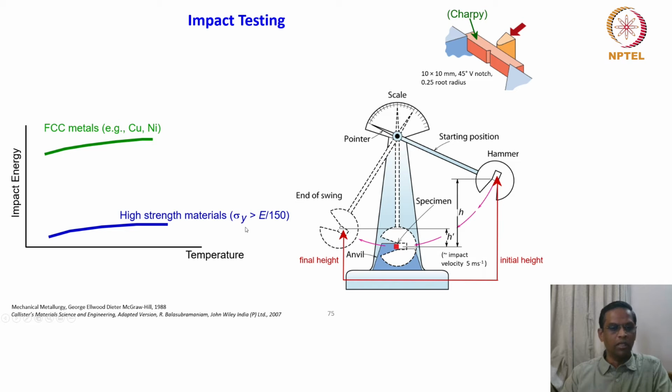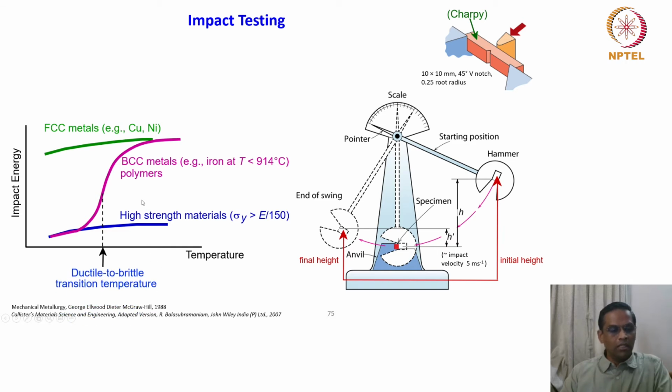And for the high strength materials, especially where sigma y is greater than E by 150, the impact energy is going to vary with the temperature like this. And for BCC metals and, for example, polymers, which are typically polymers and iron, they're all going to show very different behavior. It's an S curve, right? As compared to other materials, they are going to exhibit this kind of impact energy as a function of temperature.